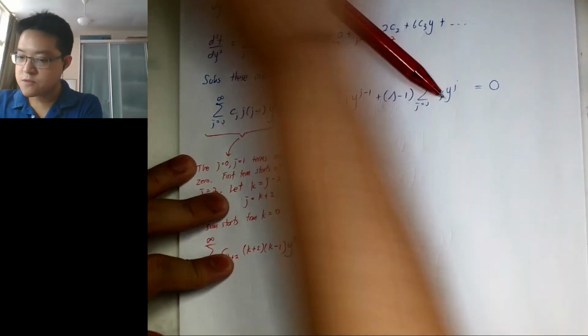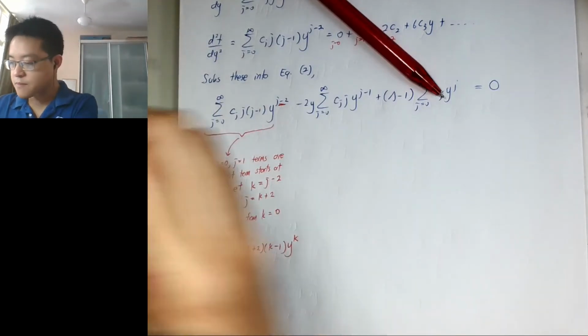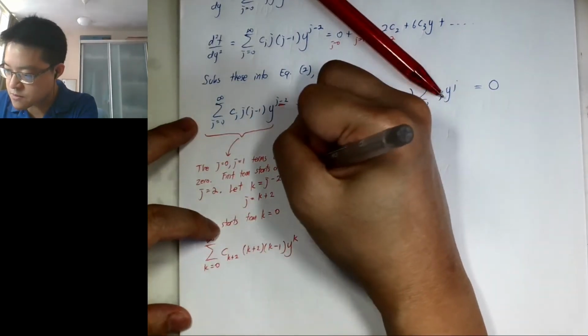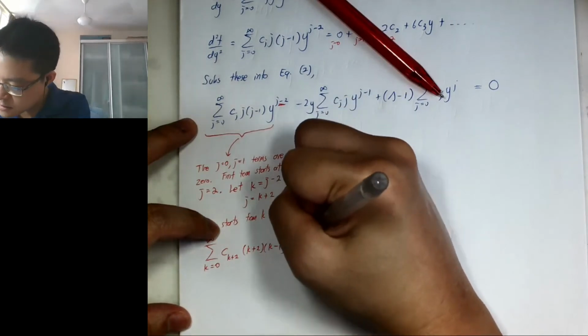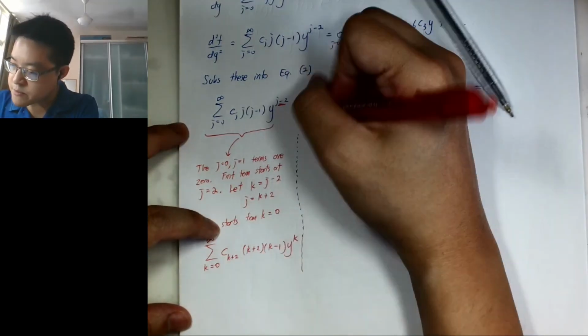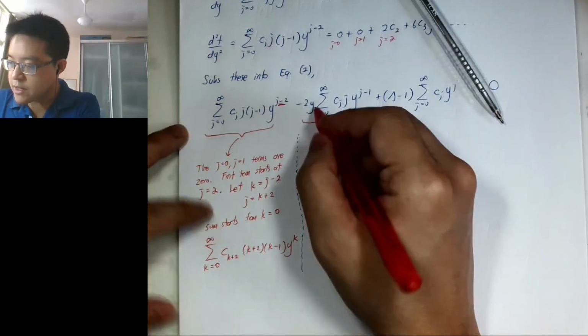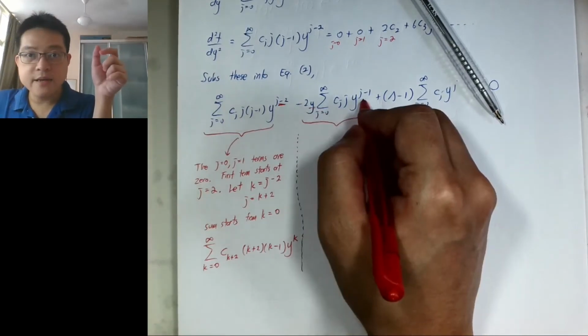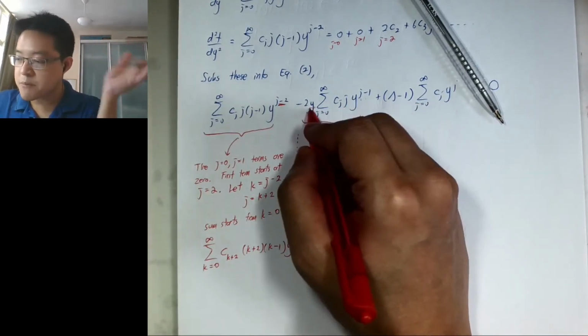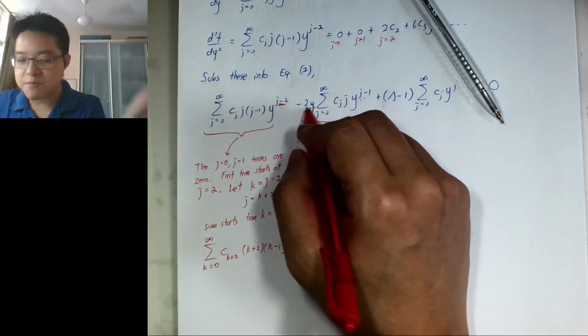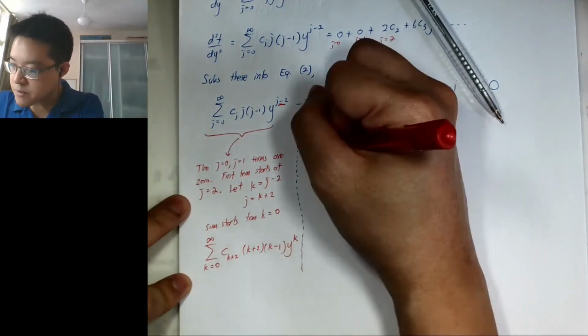Let me make some space to avoid confusing each other. For this term, there is a y and there's a sum over j minus 1. So I'm going to multiply all the y inside, and the negative 2 as well.